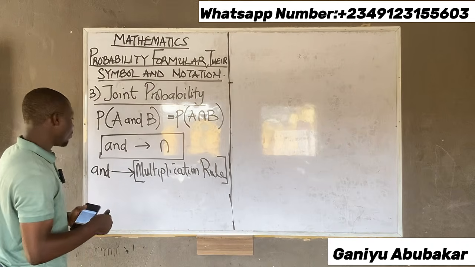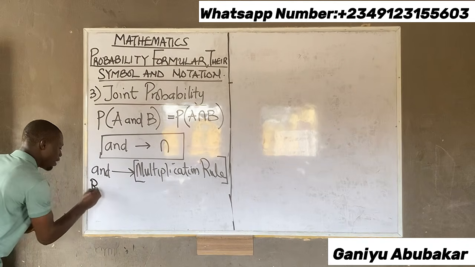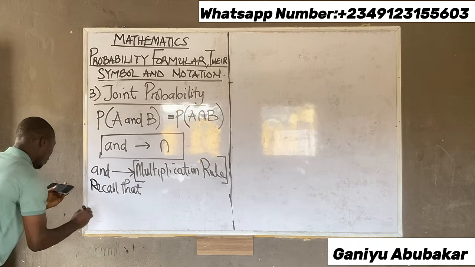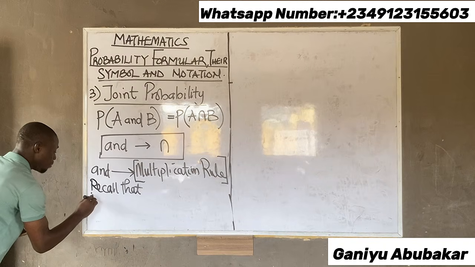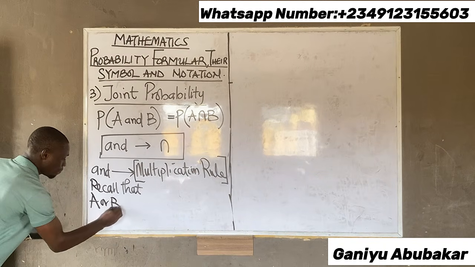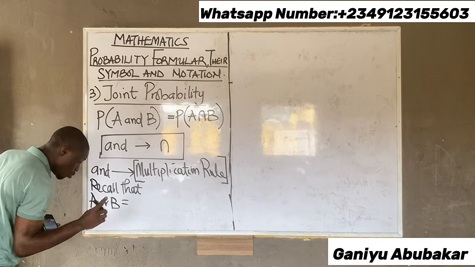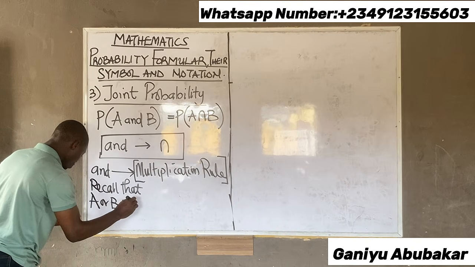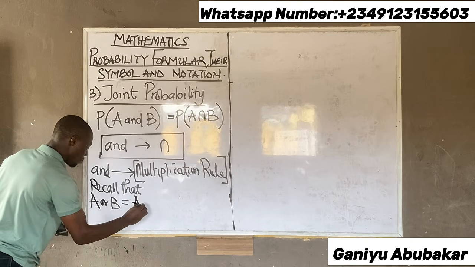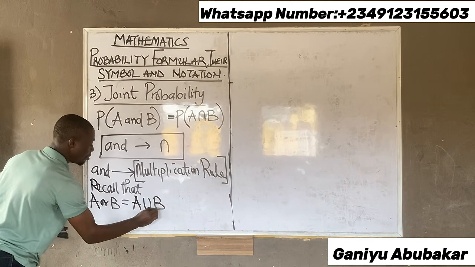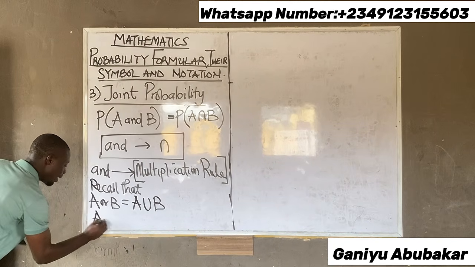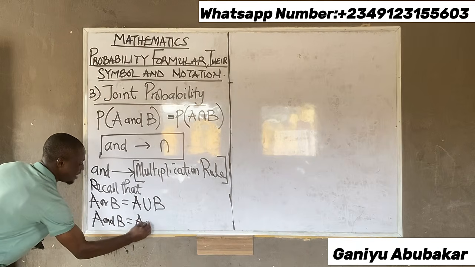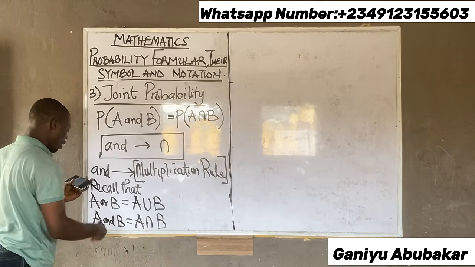Recall that A or B means A union B. Now we are saying that A and B means A intersection B. So check the difference.